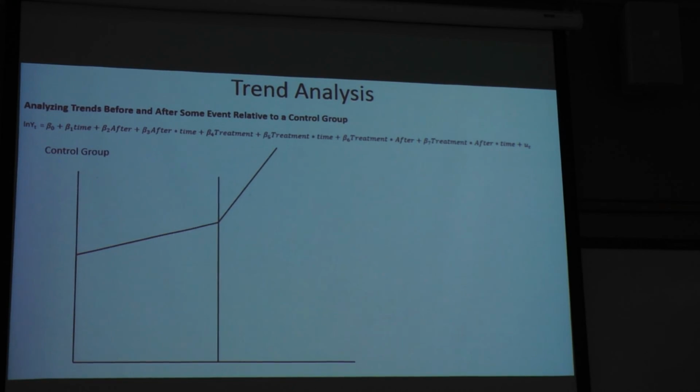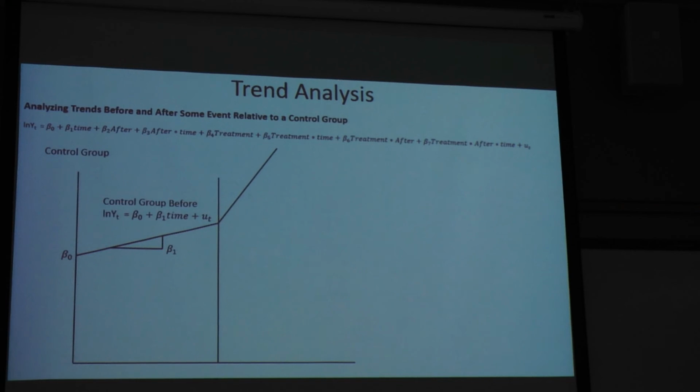Looking at the control group first. Why? Because a lot of things get zeroed out. So the equation for the control group before the treatment is that. We saw that earlier. That's the intercept, and that's the slope.